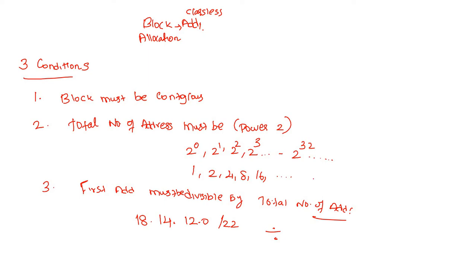For this block, first we need to calculate the total number of addresses. For the total number of addresses we use the capital N, which is 2 power 32 minus small n, where small n is your prefix length.